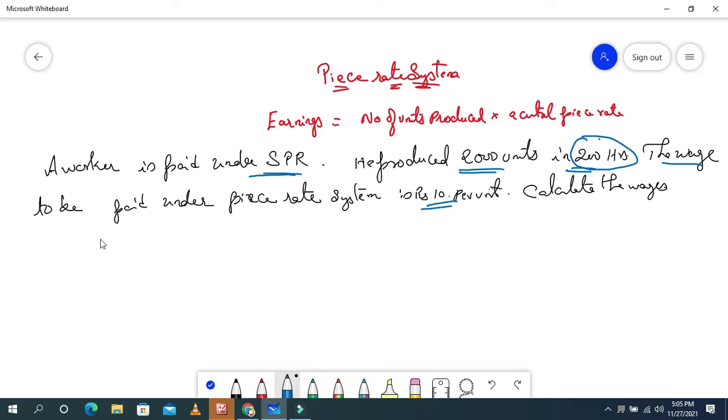Okay, so calculation under the straight piece rate method. Earnings is equal to number of units produced into actual piece rate.